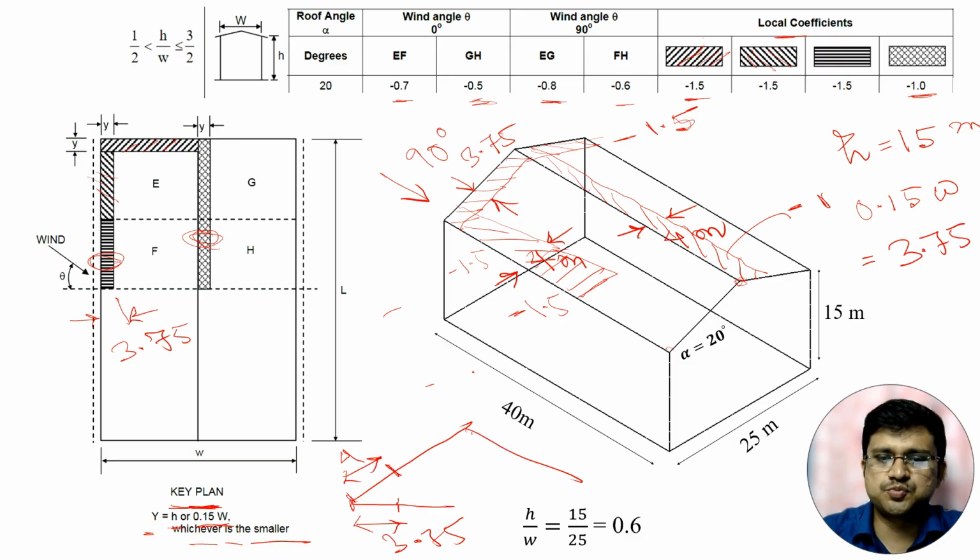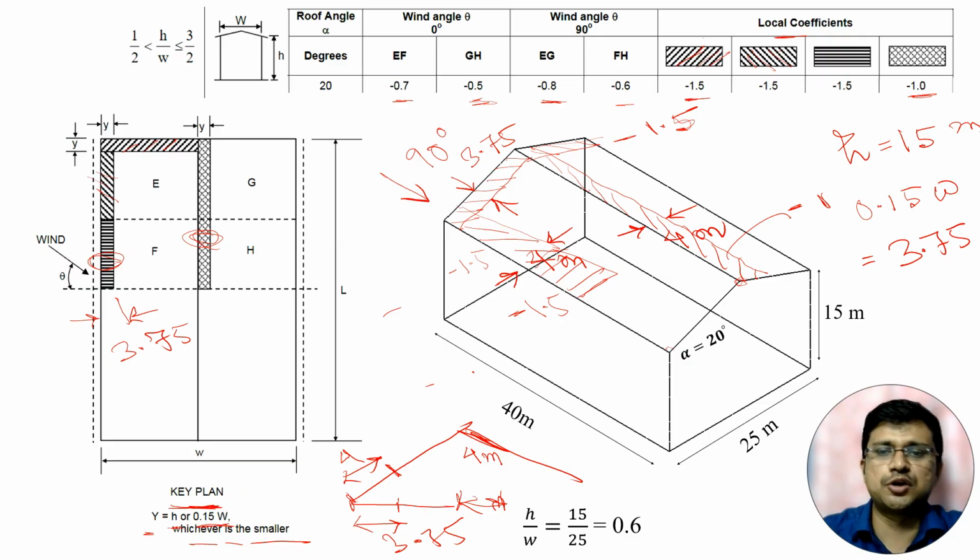Here also, this is 4. Local coefficient, this is 4. The projection below is 3.75. And this length is 3.75 because its projection is also 3.75. So this is the zone of local coefficient we also have to consider.